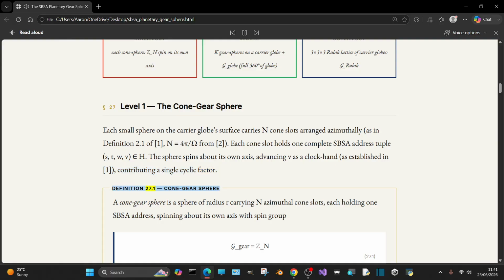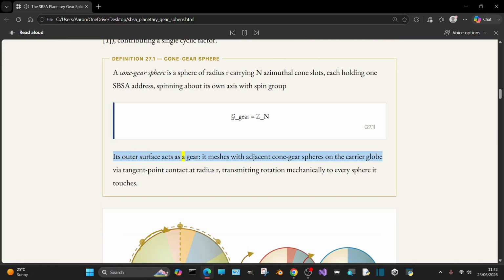Definition 27.1, cone gear sphere. A cone gear sphere is a sphere of radius r carrying n azimuthal cone slots, each holding one SBSA address, spinning about its own axis with spin group G_gear equals Z_n, equation 27.1. Its outer surface acts as a gear.